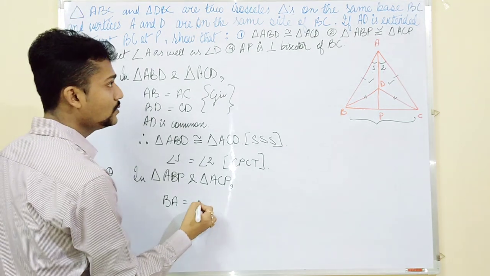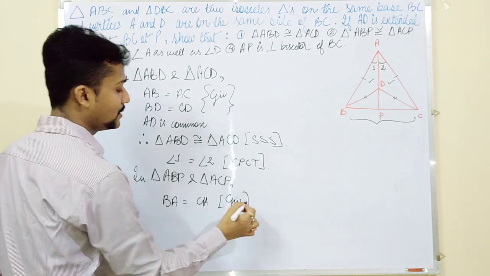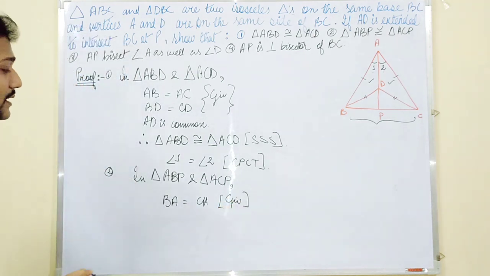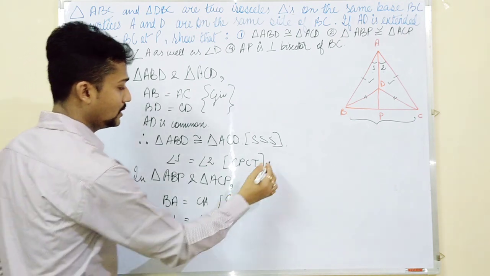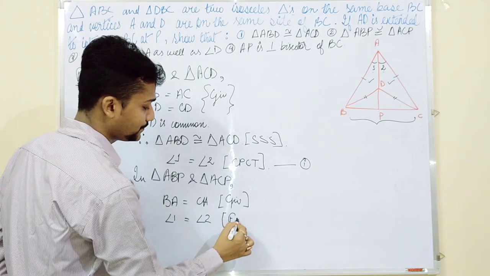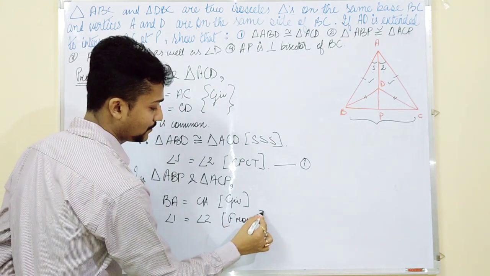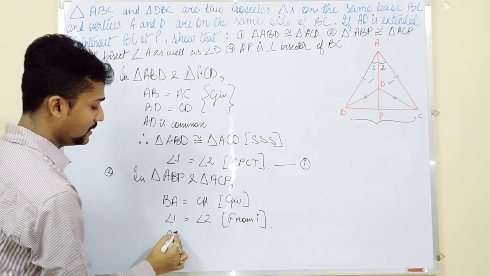BA is equal to CA, given, because they are isosceles triangles. Then angle 1 is equal to angle 2. You can mark it as 1. So from 1, isn't it? Then AP is common.